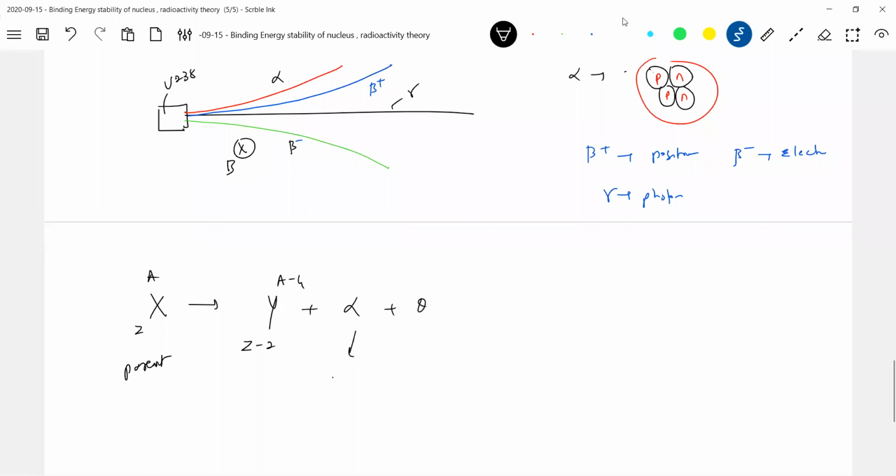This is the alpha particle, this is the energy release, and this is the newly formed daughter nucleus. This is the unstable parent nucleus.